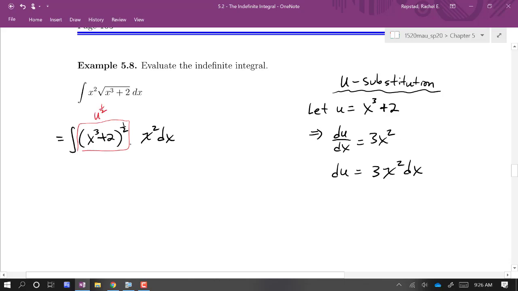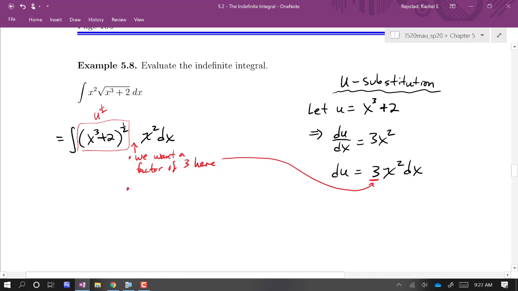Now, we don't quite have du on the end. We're off by a factor of 3. So we want a factor of 3 here. Now here's the good news.